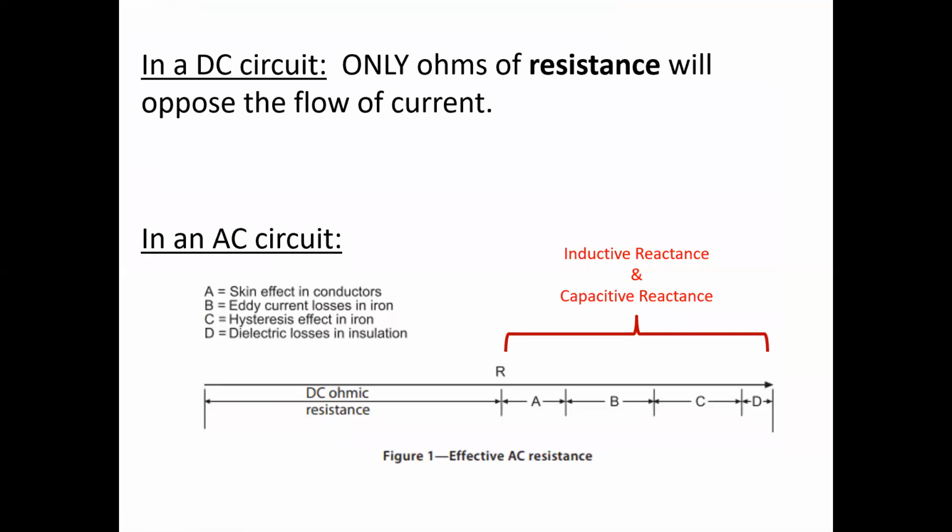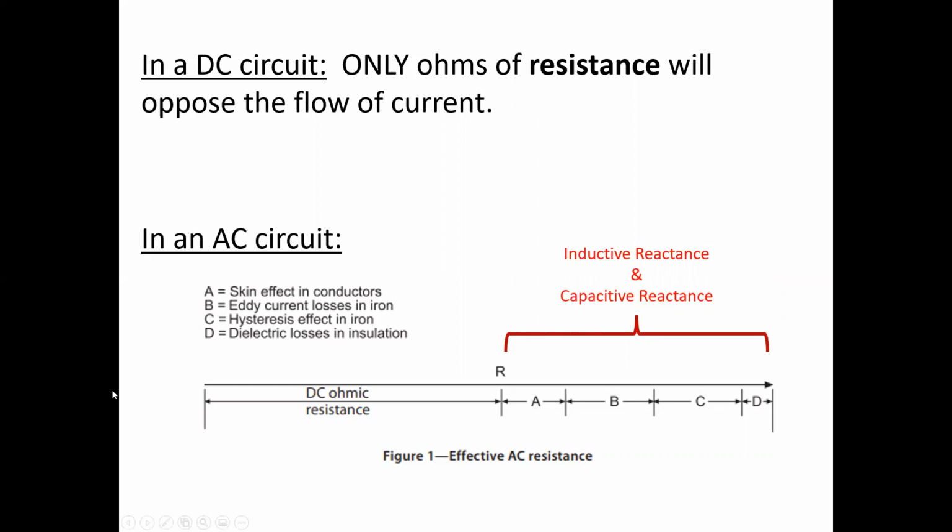So in a DC circuit, only the ohms of resistance will oppose the flow of current. We don't have skin effect, eddy current loss, hysteresis, or dielectric loss. In an AC circuit, we have that DC resistance, but in addition, we have these four, and those are then calculated and represented by these two factors that you've learned about already: inductive reactance and capacitive reactance.